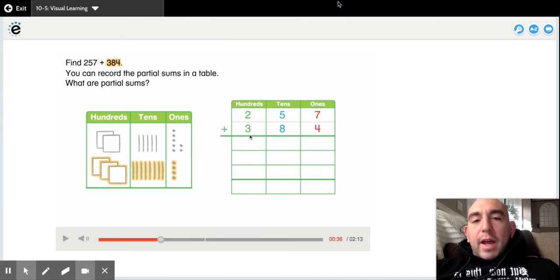So first we're going to add these green numbers, which are the hundreds, and then we'll add the blue numbers, which are the tens, and then we're going to add the red numbers, which are the ones. Then we're going to add all those numbers up here to find the total sum. So all we're doing is breaking it down into smaller steps rather than adding it all up at the same time.